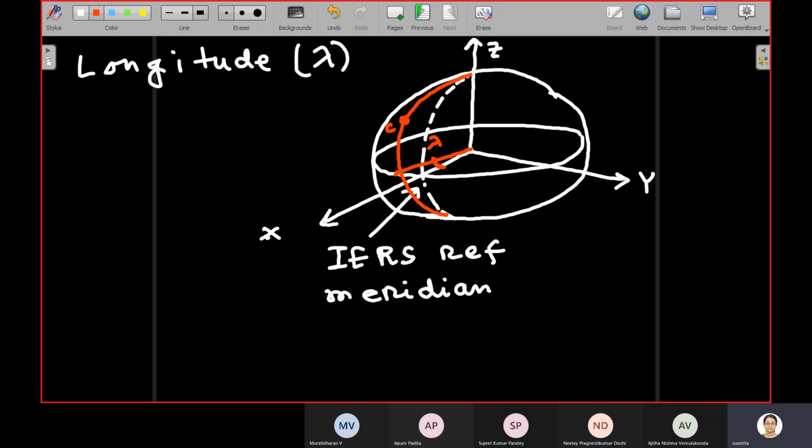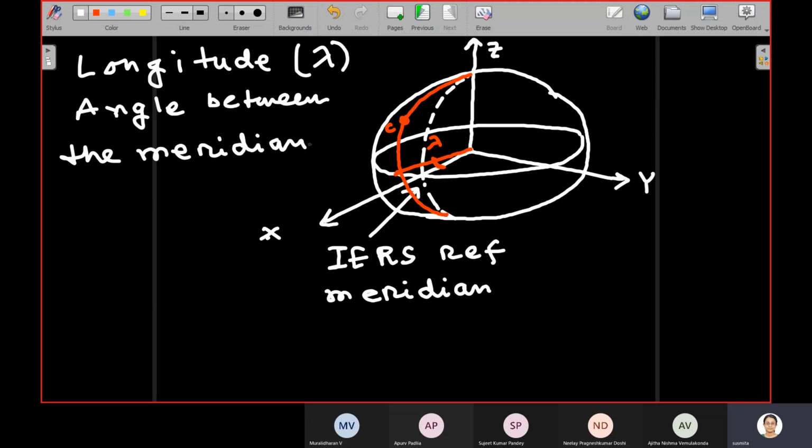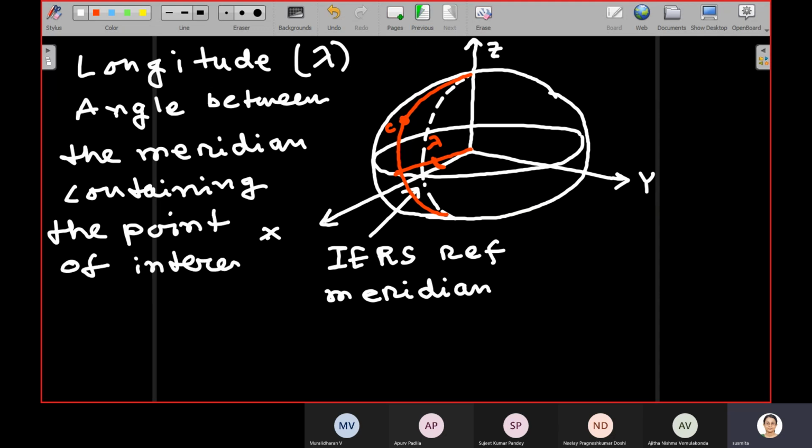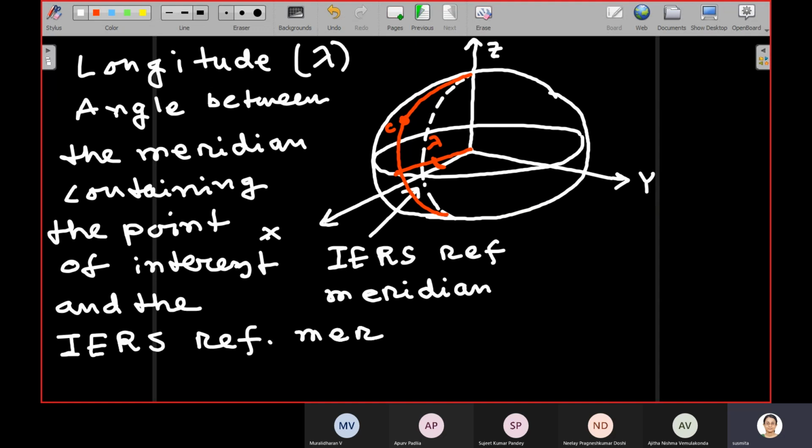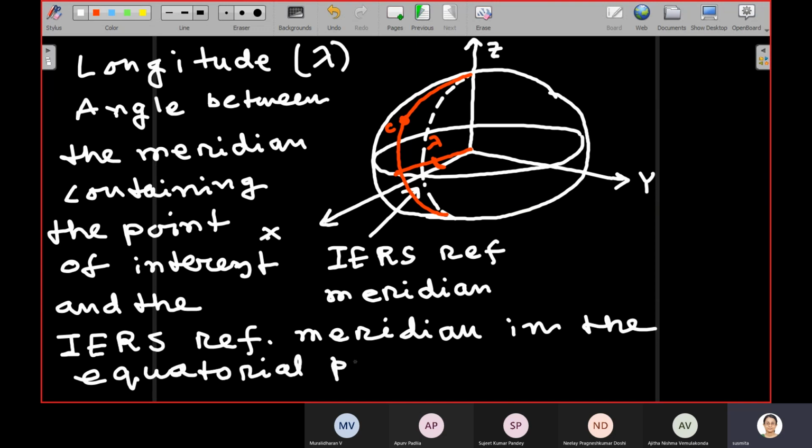Okay, so the longitude is the angle between the meridian containing the point of interest and the IRS reference meridian in the equatorial plane. Okay.